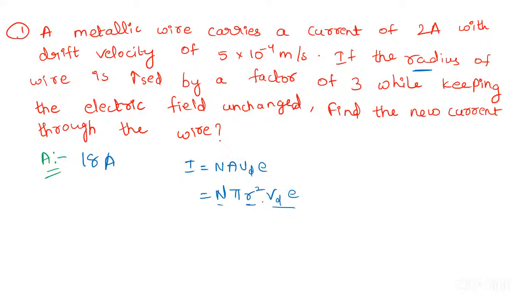So what factor is changing? Radius is changing. So I is directly proportional to r square. So we can write I2 by I1 is equal to R2 square by R1 square. And R2 is increased by a factor of 3, so it is 3 times the R1. That's how we'll be getting it.